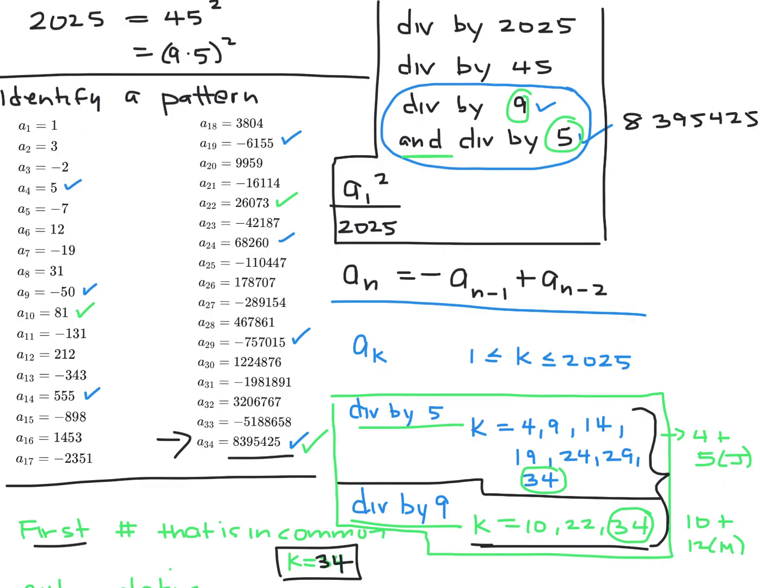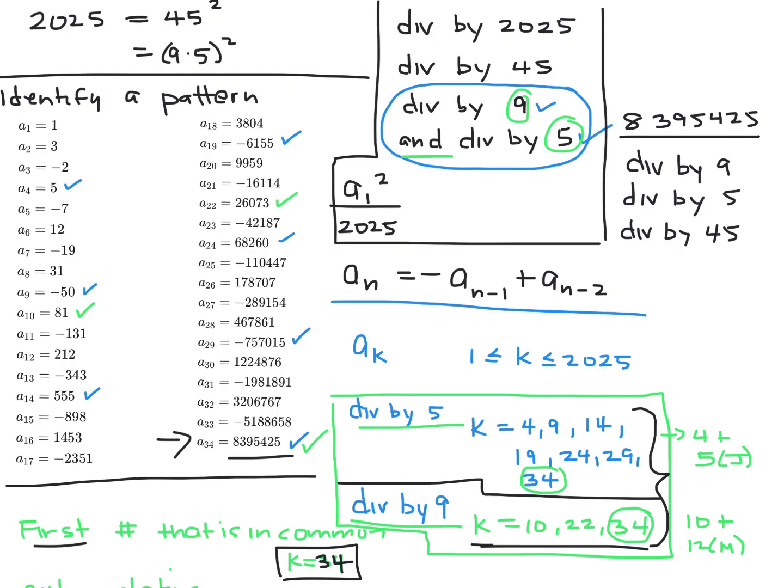Let's see if I can explain this. That number is divisible by both 9 and by 5. Okay, you can check that out. It's divisible by 9, and it's also divisible by 5. Okay, so if it's divisible by both 9 and 5, it would therefore be divisible by 45, which is 9 times 5. Got it?